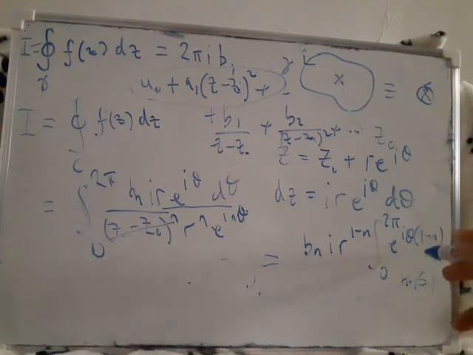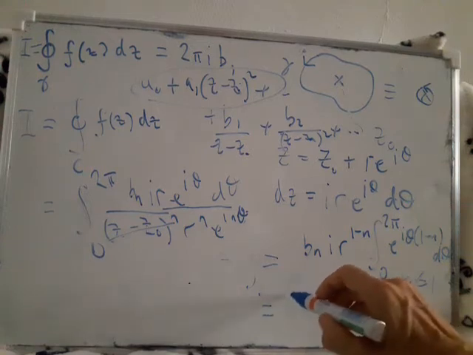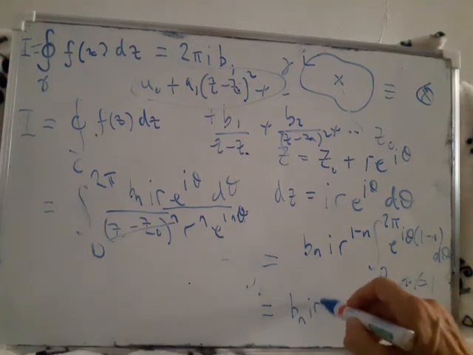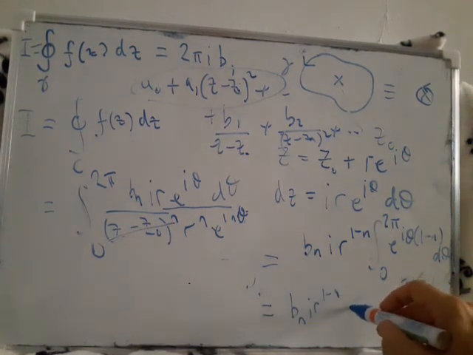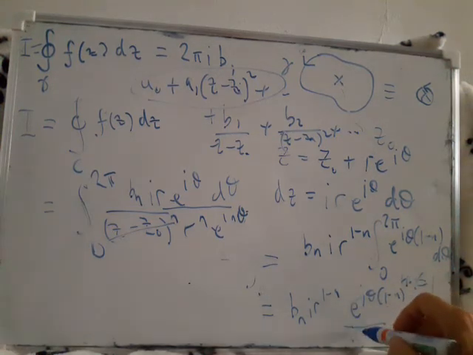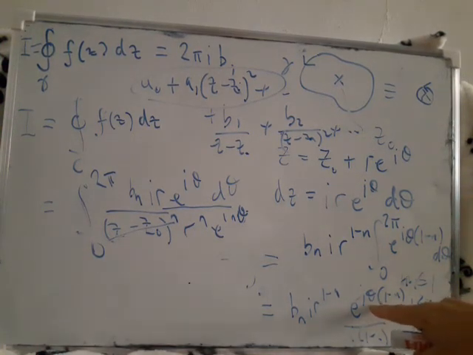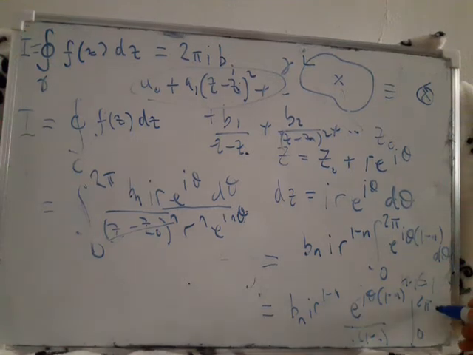If n is not equal to 1, hopefully it's easy to show this is equal to 0. I get e to the i theta (1 minus n) divided by i (1 minus n), evaluated between 2 pi and 0. Obviously, this is an integer, so when I put 2 pi here and I put 0, I get the same thing. So this is 0.